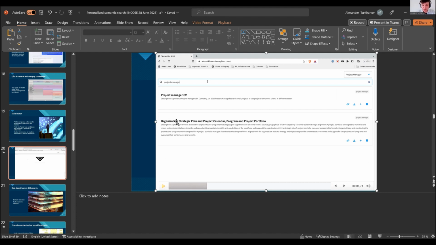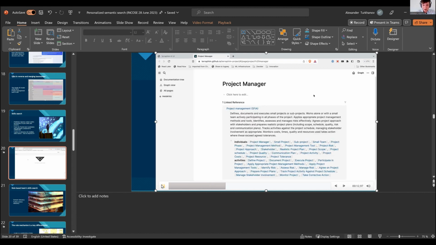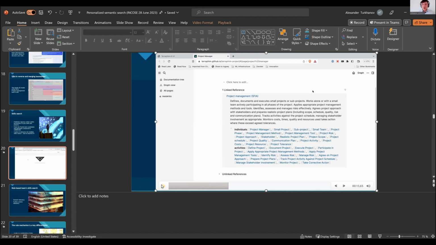So we have only the project manager and the organization strategic plan and project calendar entries in the search results. So relevance changes when you choose different roles in your search engine. And this is how we manage our relevance.